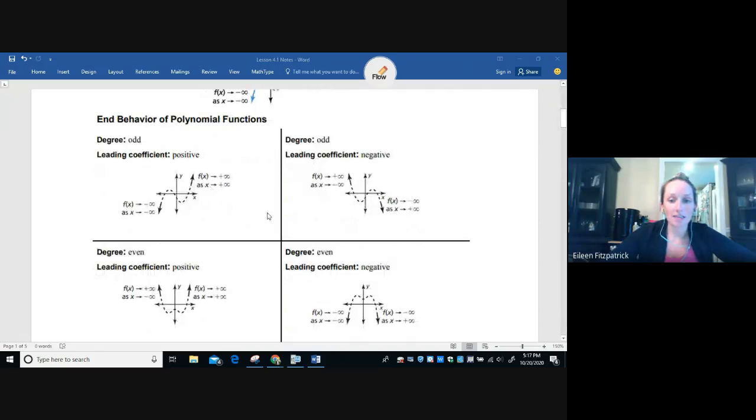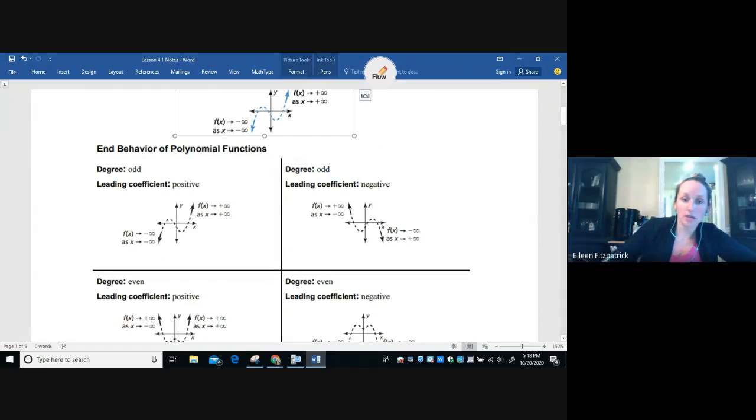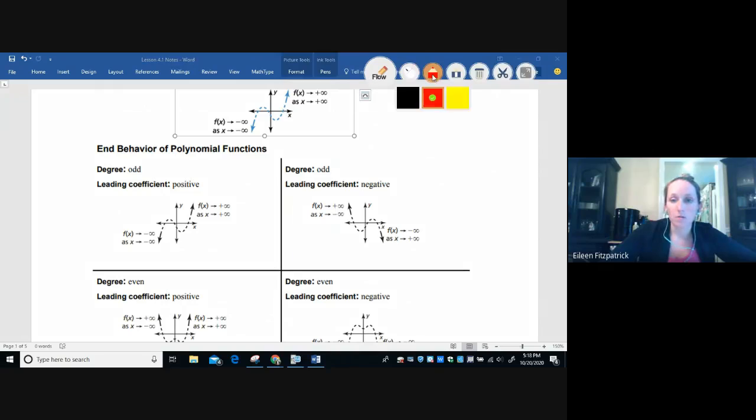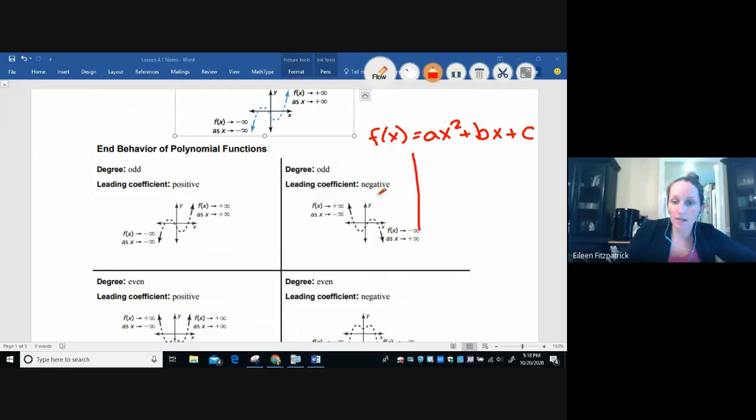To understand this, let's think back for a second to our quadratics. We just studied quadratic equations, f of x equals ax squared plus bx plus c. And we know when we graph our quadratics, it's a U-shape, it's a parabola.